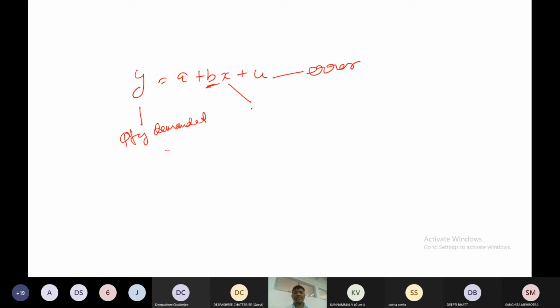Price. I can go for price. Participants, you can take any variable, not a problem. So Y is quantity demanded and X is the price. So Y depends on price. This is the concept: Y is the dependent variable and X is the independent variable.